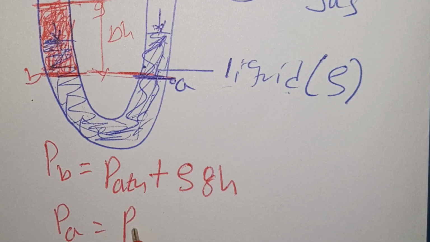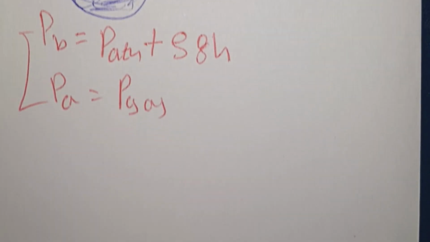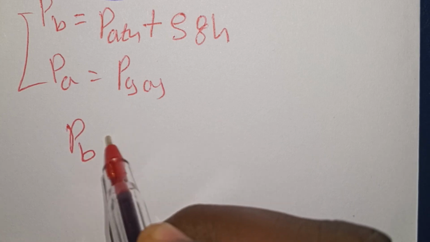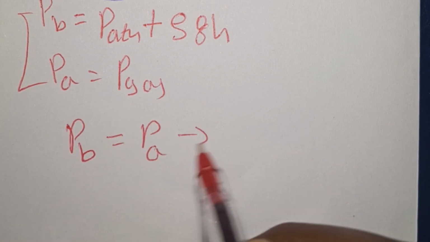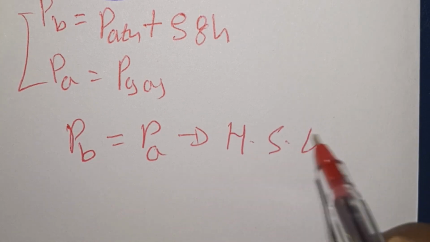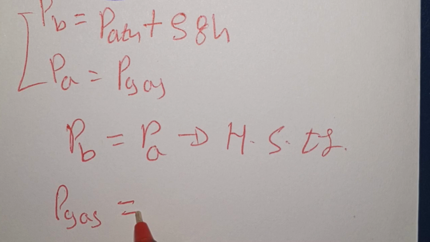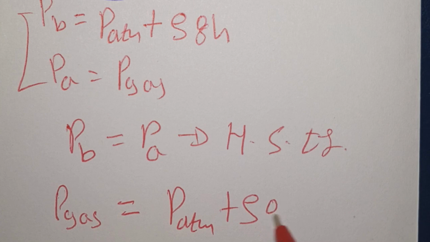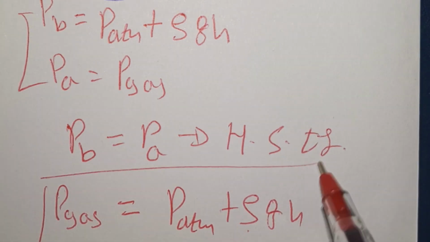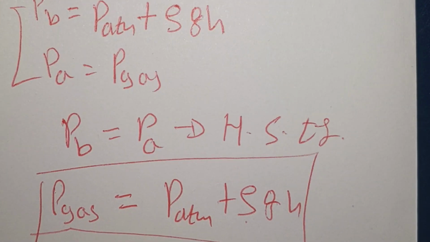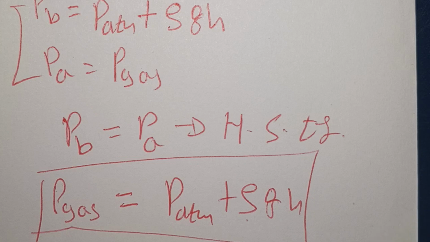Here also we can use the concept of hydrostatic equilibrium. The pressure at point B must be equal to the pressure at point A. So the pressure of the gas, P gas, at point A must be equal to P atmosphere, the atmospheric pressure, plus rho times g times H, where rho is the density of the liquid we are using in the manometer. By this concept we can measure the pressure of a gas using a manometer.